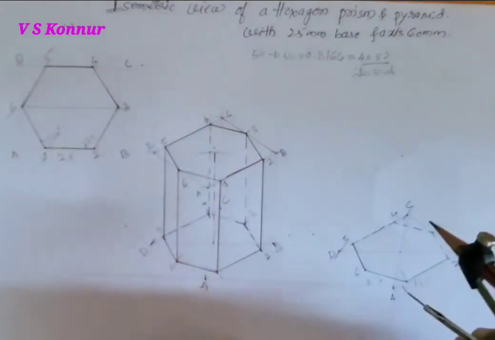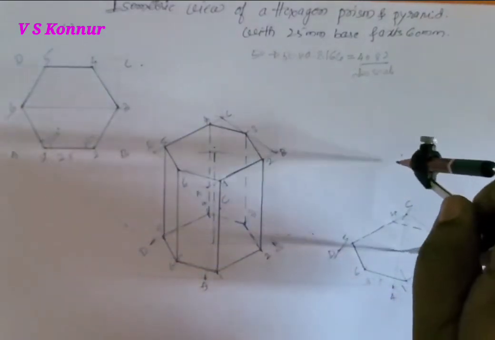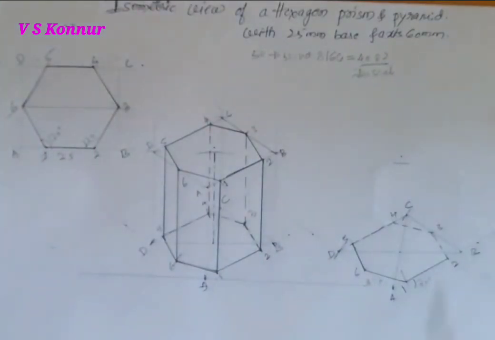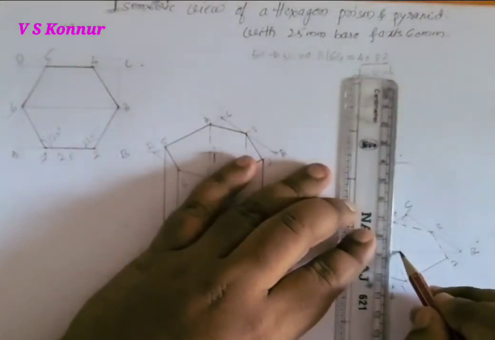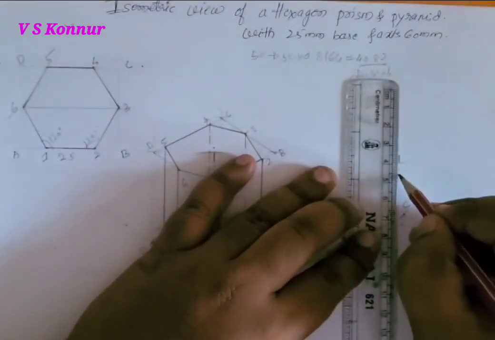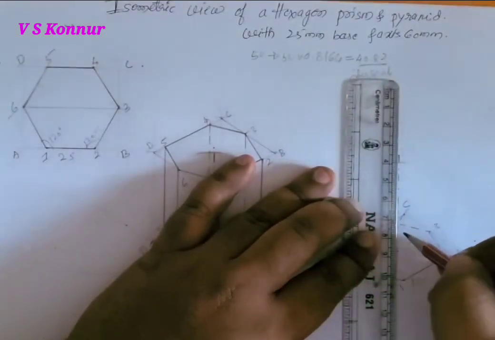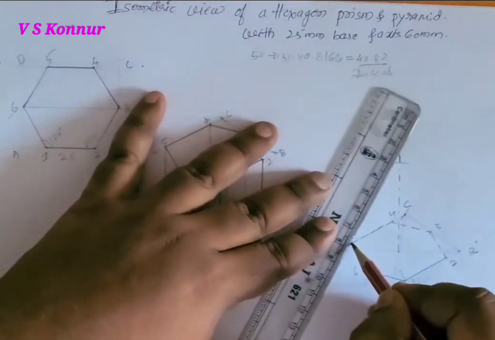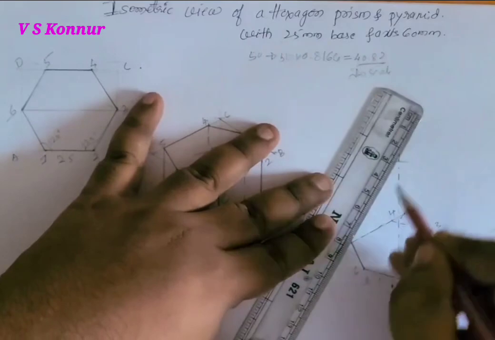That is 60 millimeter height. Just mark here. Then we'll join with the axis line from the center, then we'll join these points to the center height.